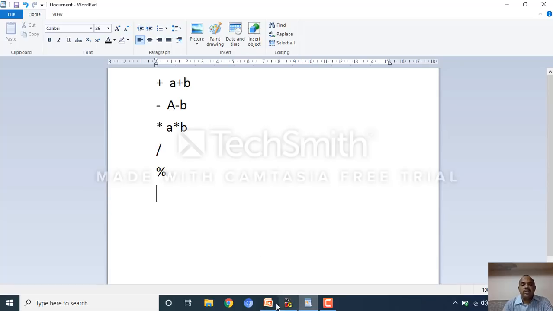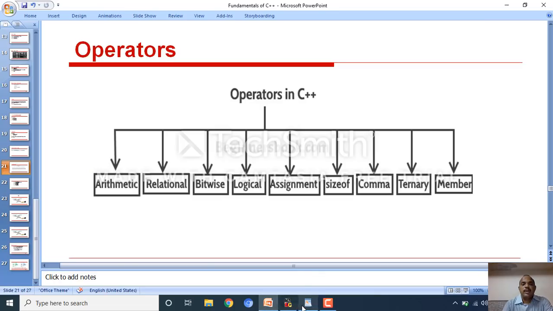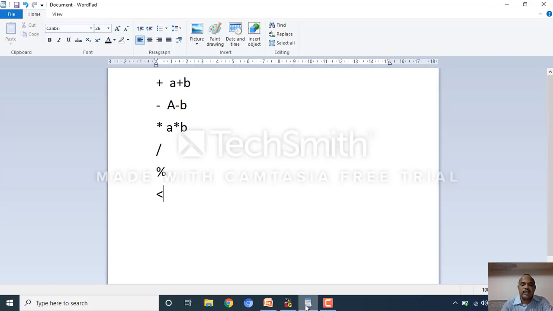The next one is the relational operators. What are the relational operators? Less than, greater than, less than or equal to, greater than or equal to, equal to, and not equal to. These operators are used to find the relationship between two items, two persons, two things, two cities, etc. Here A is less than B. If it is true, do something.